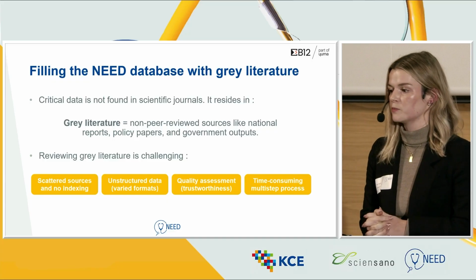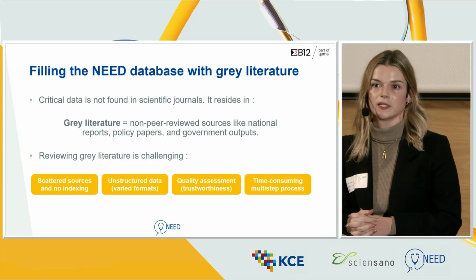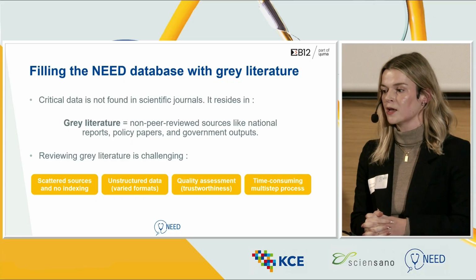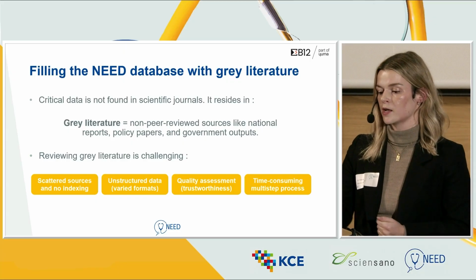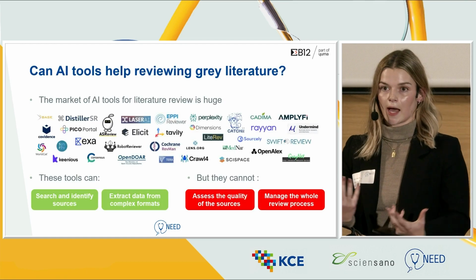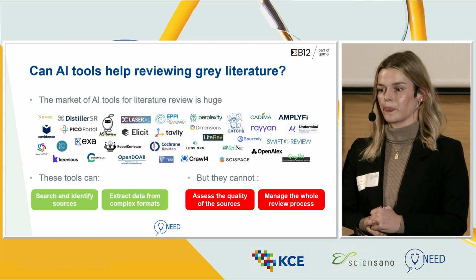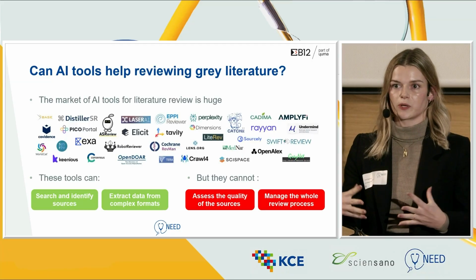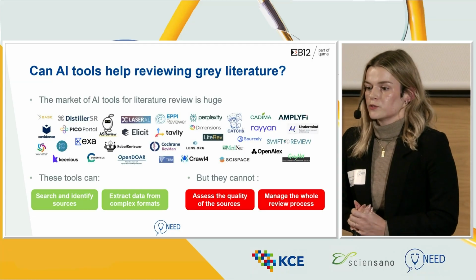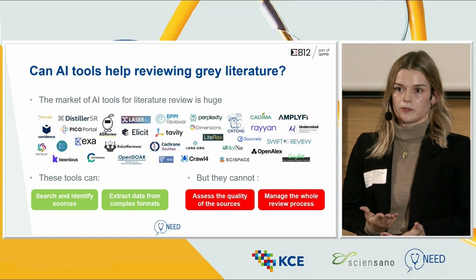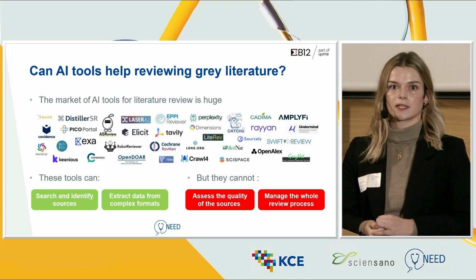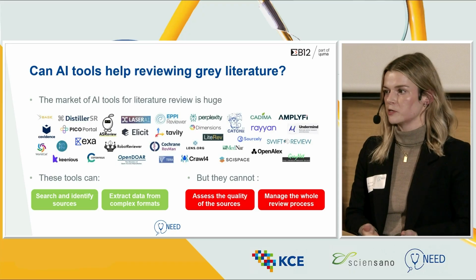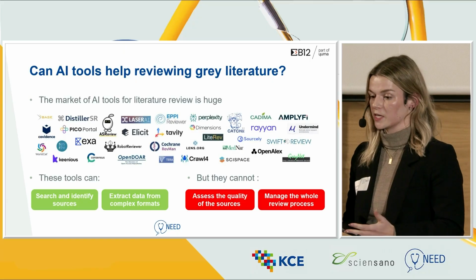So this is actually where the experts from the B12 consulting company are helping us. So they are exploring whether AI could help us retrieve data from grey literature. So there are a lot of AI tools out there, and especially for conducting systematic literature reviews, there are some very useful tools available.